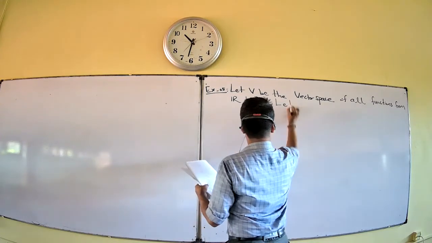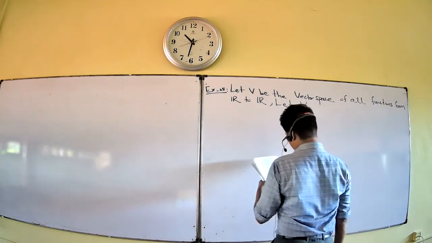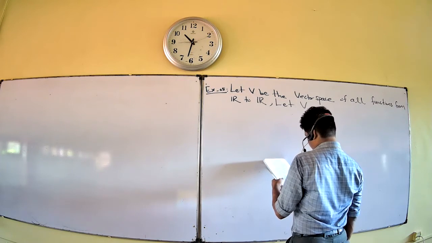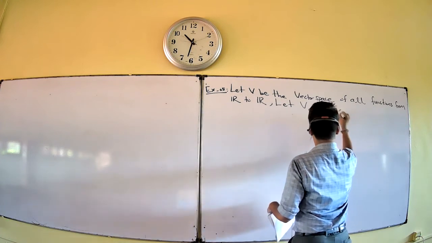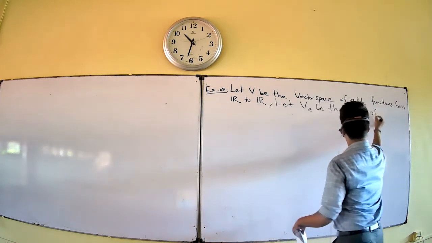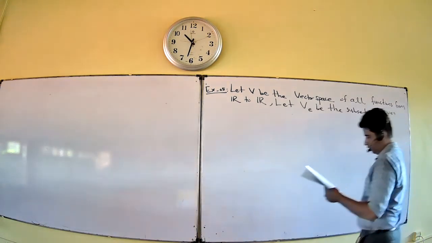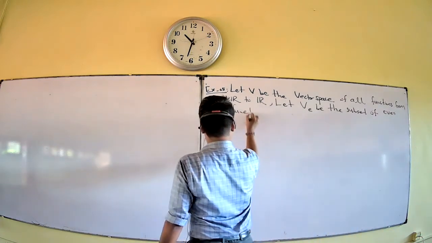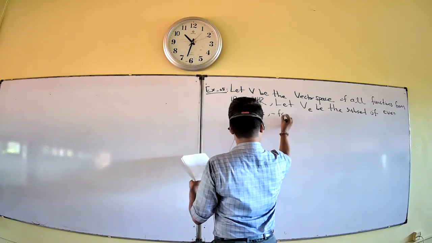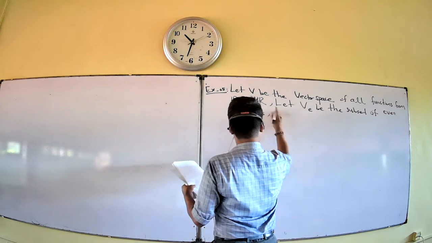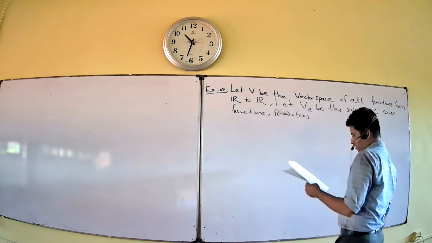Let V_E be the subset of even functions, that is of the form if you put f of minus x, then you get again f of x, right, again f of x.